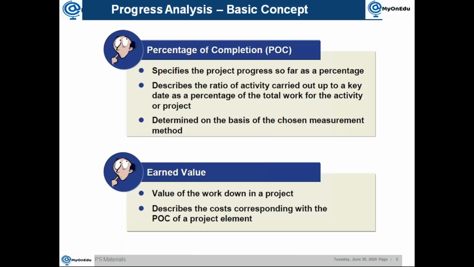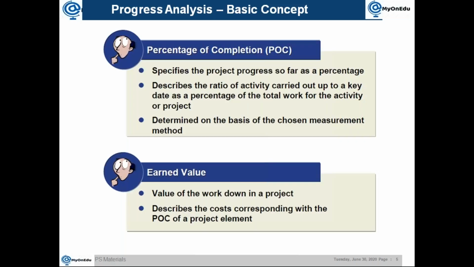Here it describes the ratio of activity carried out to key dates as a percentage of total work for the project. It is a ratio which is calculated. Now, how do you arrive at the value of percentage of completion? There are different methods, which we call measurement methods. How do you measure the percentage of completion?